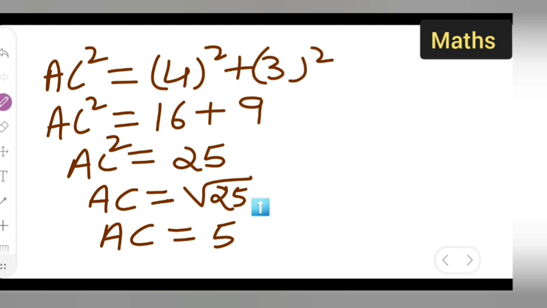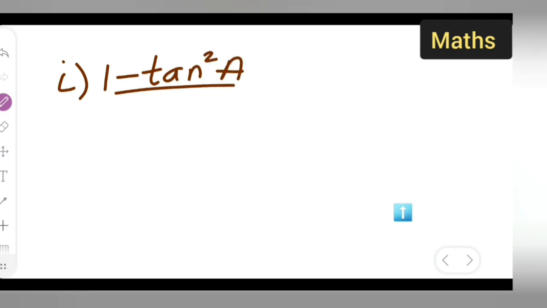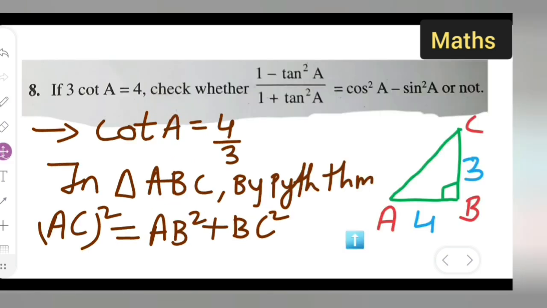Now we need to find the first part, that is (1 minus tan square A) upon (1 plus tan square A). So this is equal to what? 1 minus, now what is tan? Tan is opposite upon adjacent. Opposite of A will be 3 upon 4.